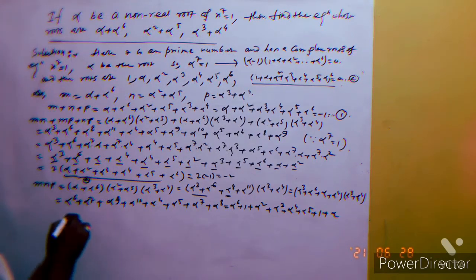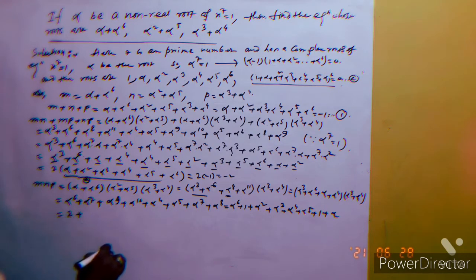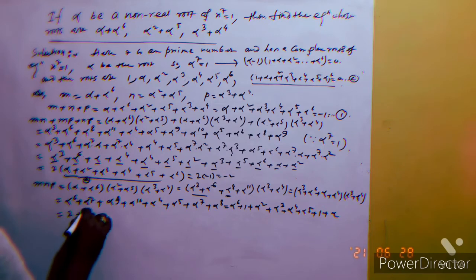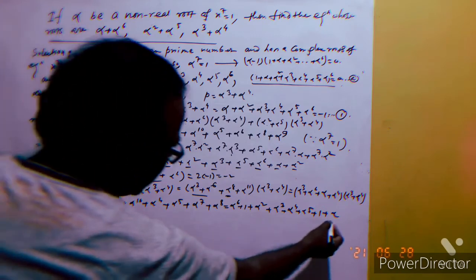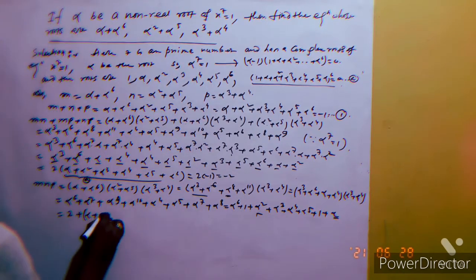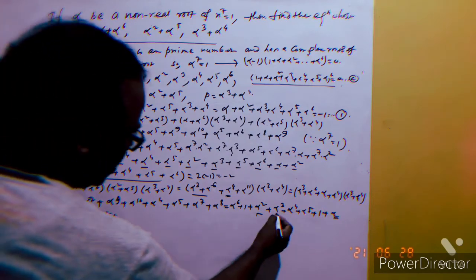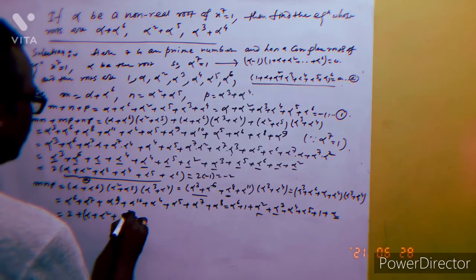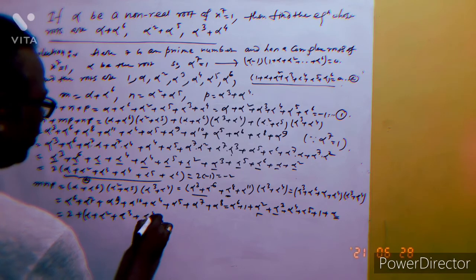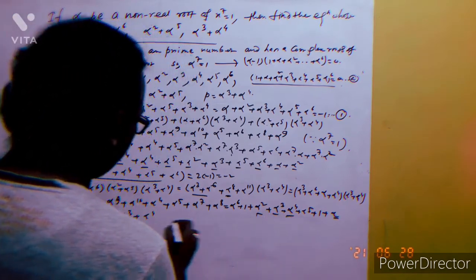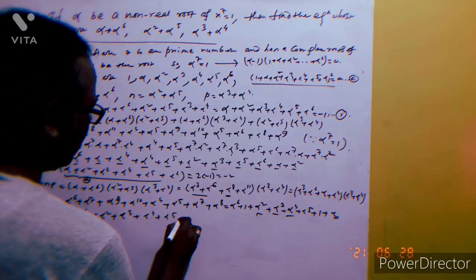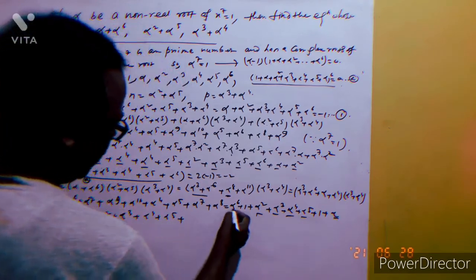So this is here 2, and now see alpha, this is alpha, this is here alpha square, this is here alpha cube, alpha to the power 4, alpha to the power 5, and alpha to the power 6.